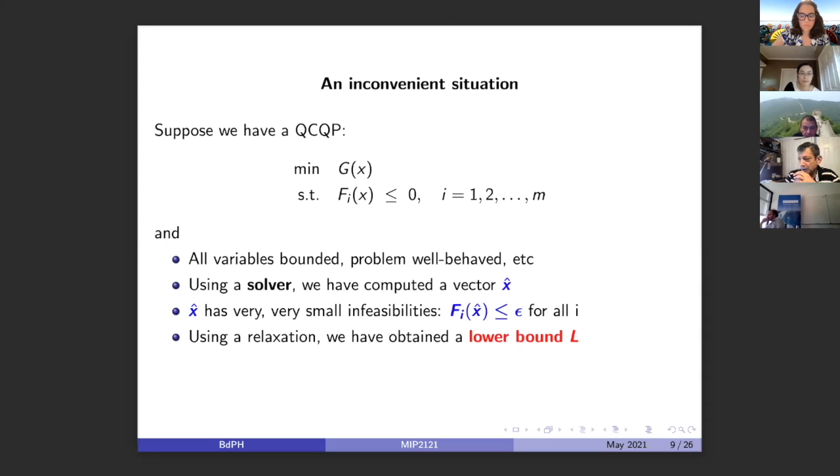It may be slow. Typically one of the things that Knitro or IPOPT do is that they compute very quickly. They can even run much quicker than the relaxation, which is annoying to us. But we have certified, or at least we have obtained, the lower bound L. And moreover, the relaxation is very tight. We really like this. There are many practical problem settings where this happens.